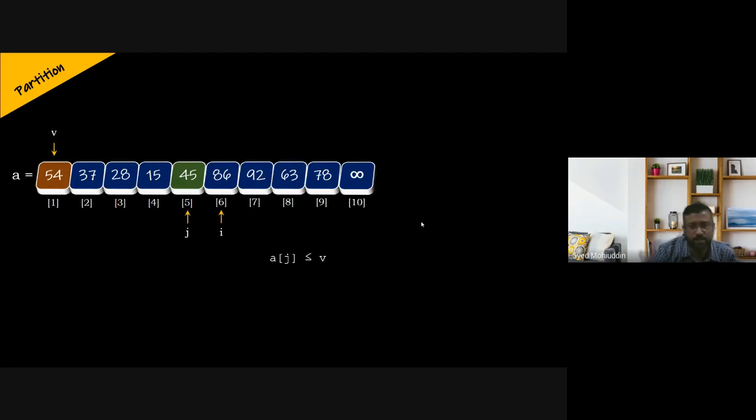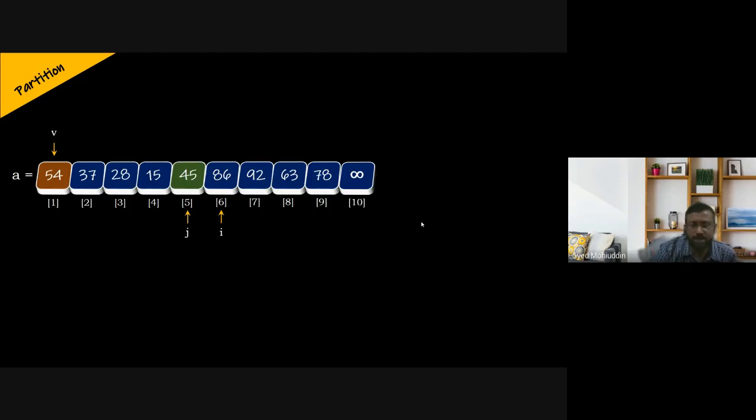It stops. So remember, i moves from left to right, and i stops if the element at index i is greater than the pivot. j moves from right to left, and j stops when the element at index j is less than the pivot.